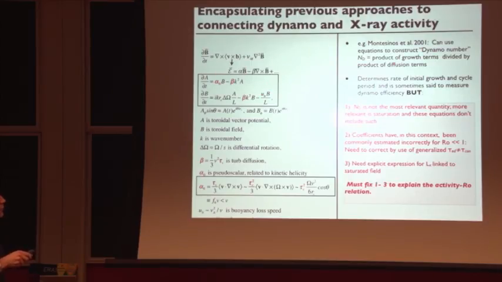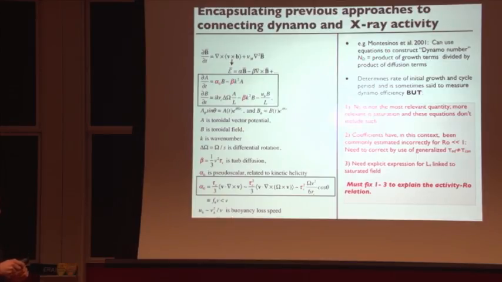And this dynamo number is, for whatever reason, the quantity that people have focused on in trying to assess its dependence on rotation. The dynamo number that's been found does depend on rotation, but it has no saturation.